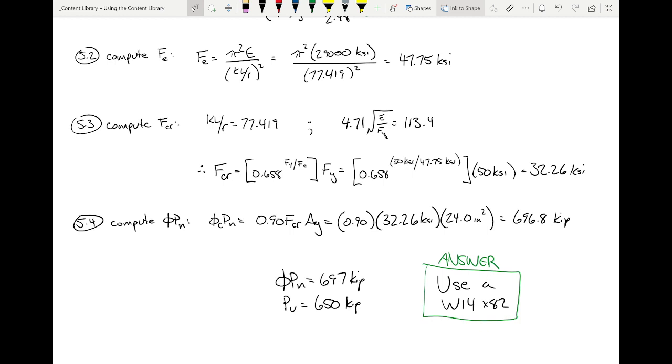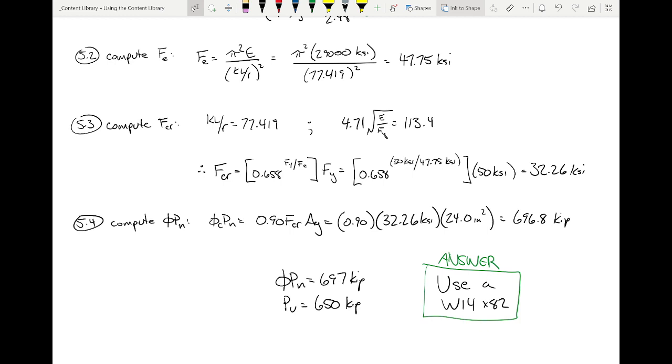What about the FY, where it says FY over FE is less than or equal to 2.25? That's a great question, so let me explain that. If you go to 16.1-35, it says when KL over R is less than or equal to this, or when FY over FE is less than or equal to 2.25. Those mathematically pretty much mean the same thing.